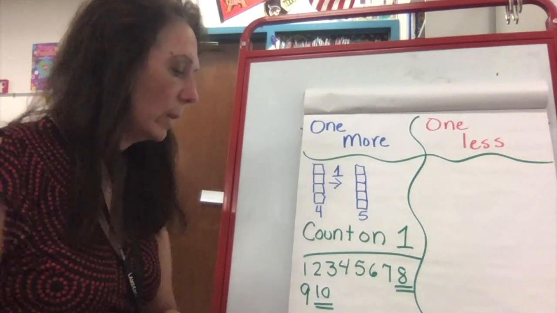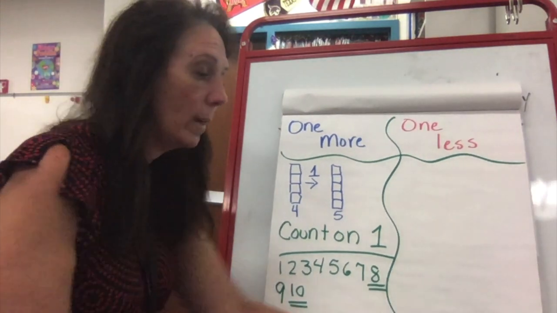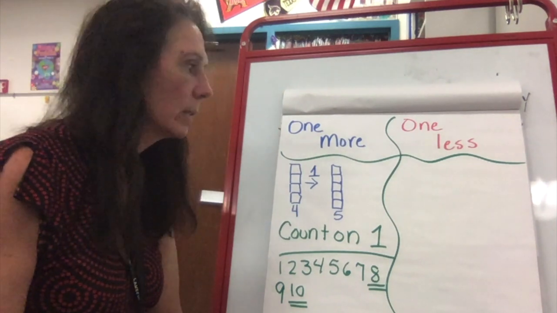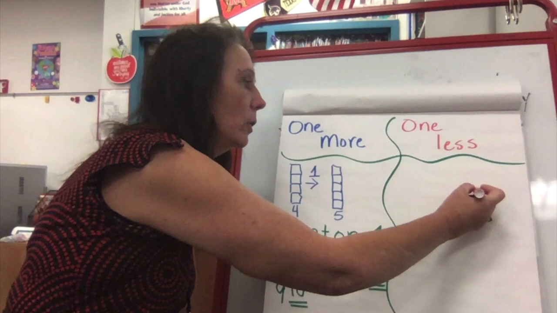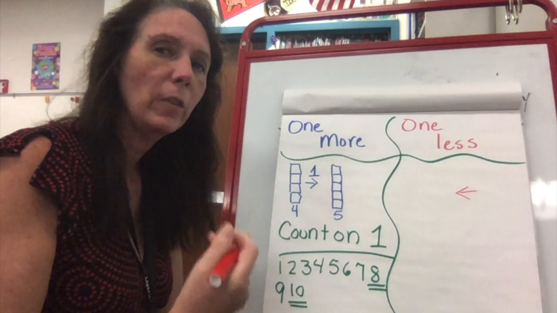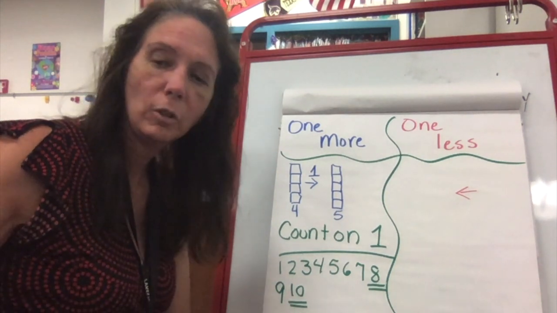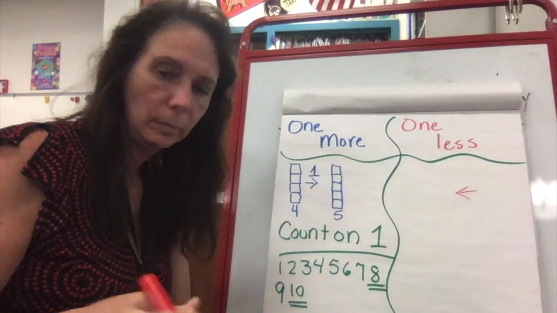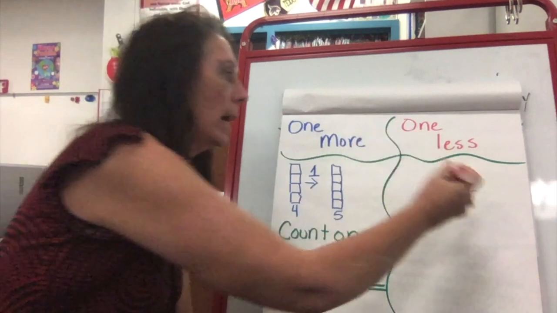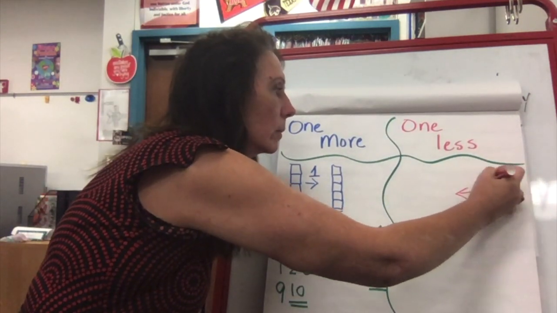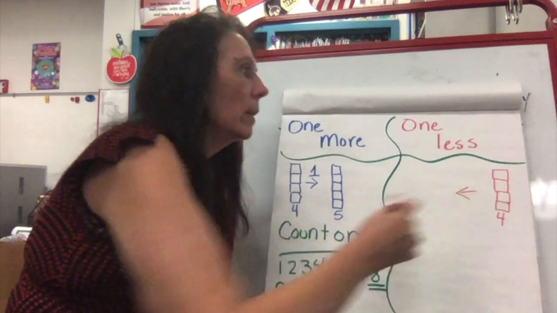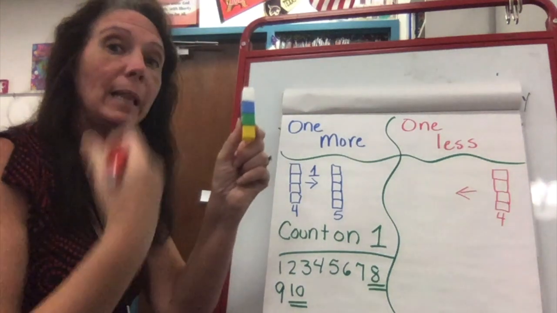Now, we're going to talk about 1 less. Well, if I was doing 1 less, I'm going to have to go kind of in this direction. Okay, so I want to think 1 less. So if I had the number, and we'll start with our number 4. So I have 1, 2, 3, 4. So if I were to draw my tower of 4. Now, I want 1 less.